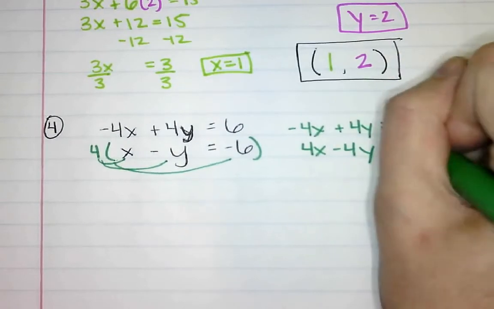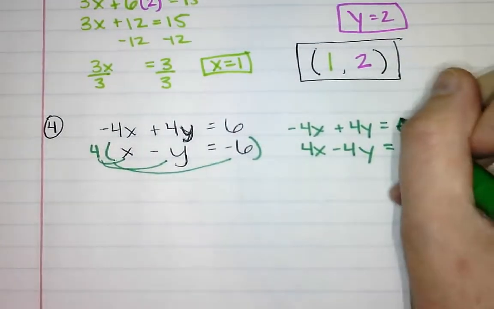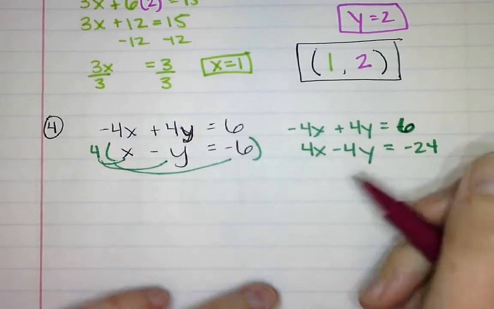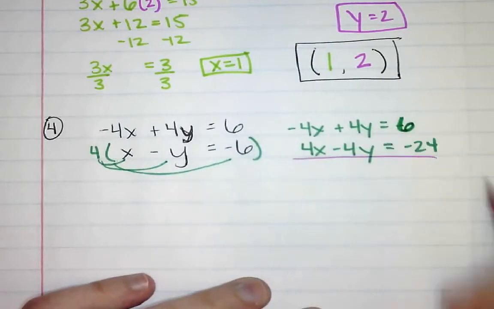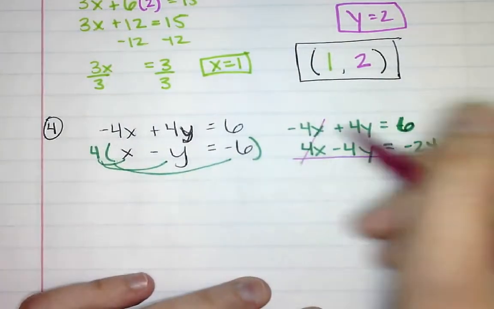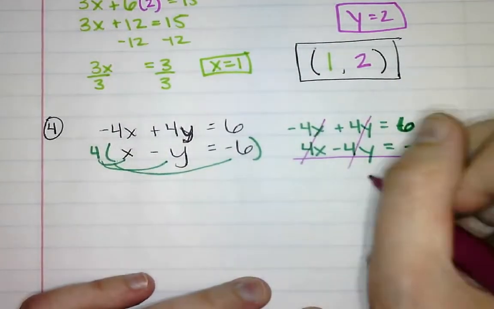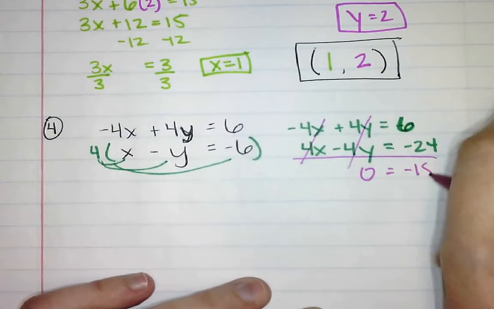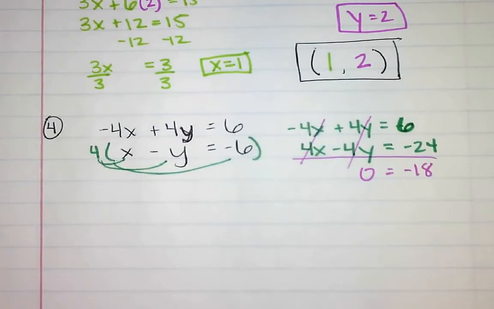So now, can we add our equations together? Yes, we can. What happens, though? Both our variables cancel again. We're left with 0. Do my constants cancel? No, we're left with negative 18. What kind of statement is this, true or false? So how many solutions do I have?